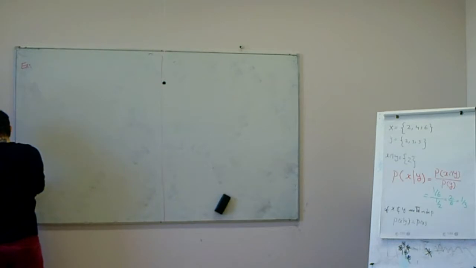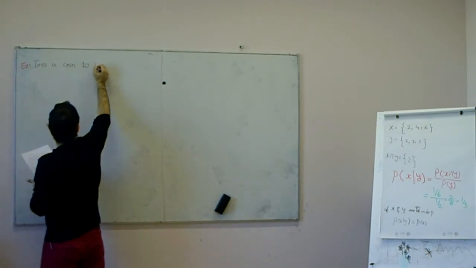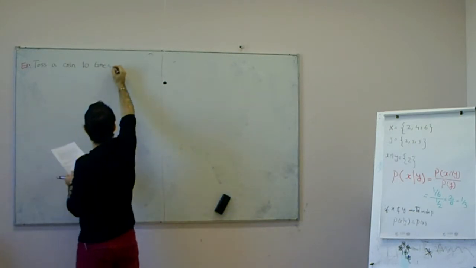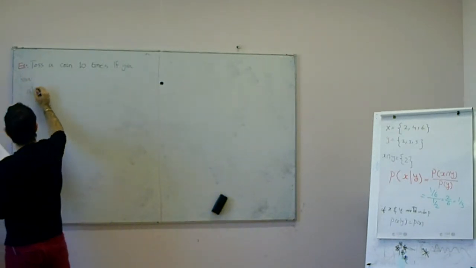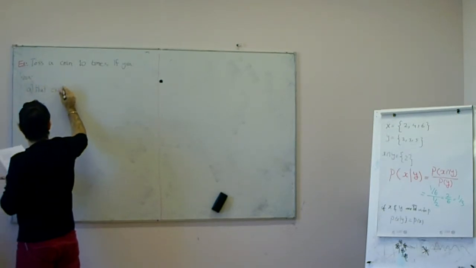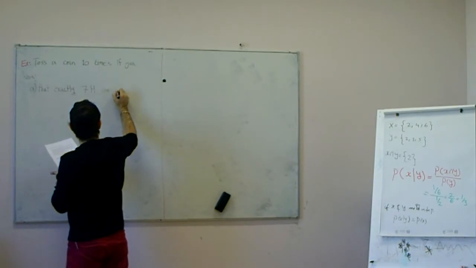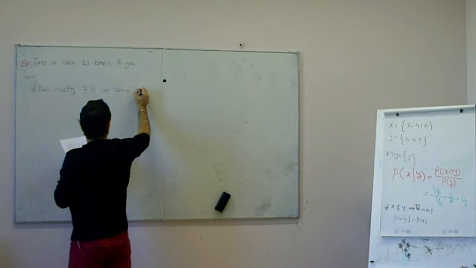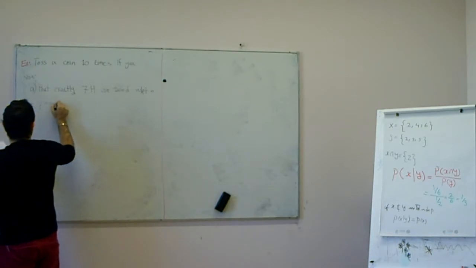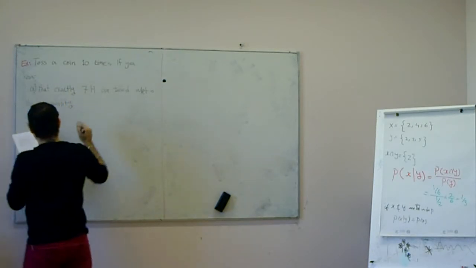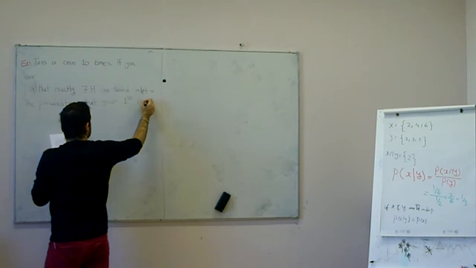Example. Toss a coin 10 times. If you know that exactly 7 heads are tossed, what is the probability that your first toss is head?